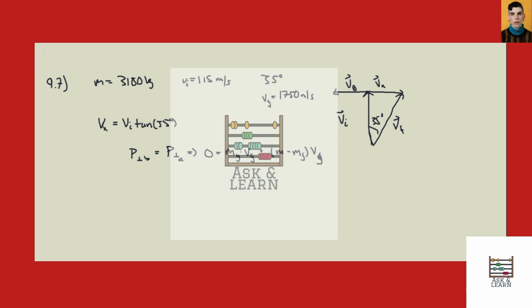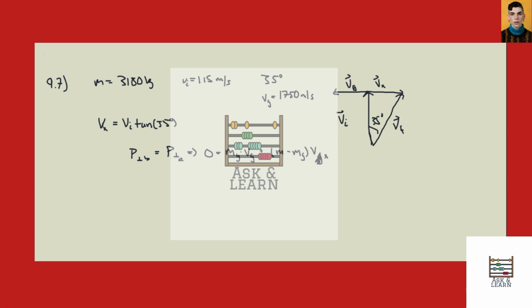Sorry, this is the speed of the gas too. This is Vx because we're just talking about the perpendicular component here. We don't care about the vertical component, because no change in momentum is happening in the vertical component. It's all just constant.